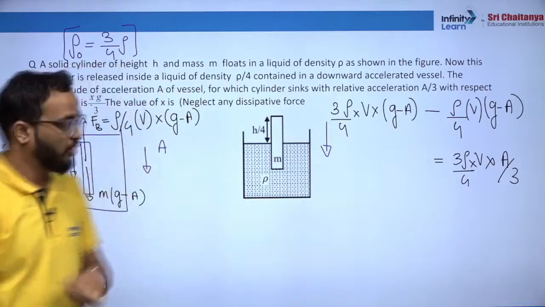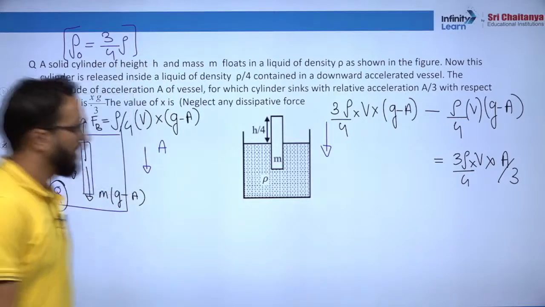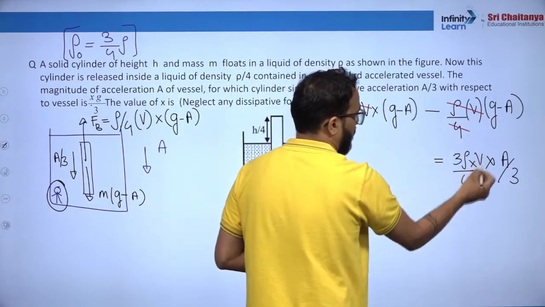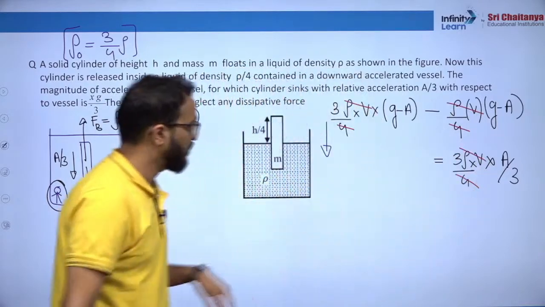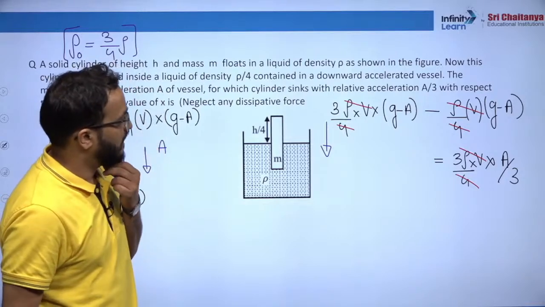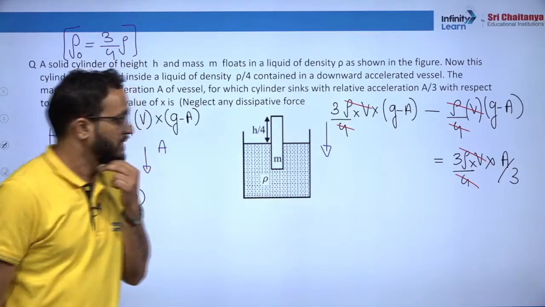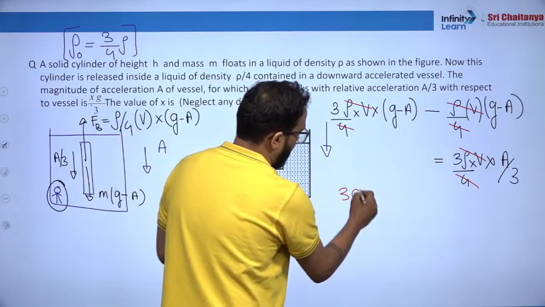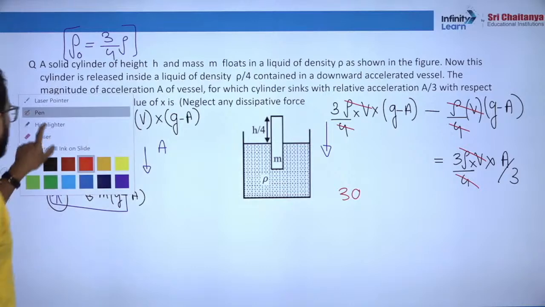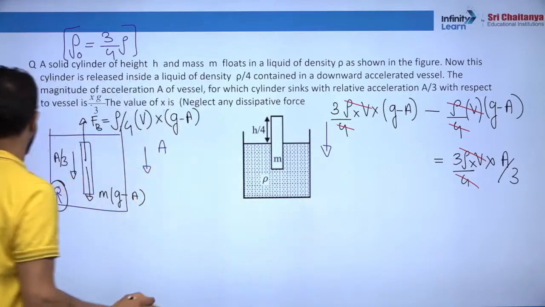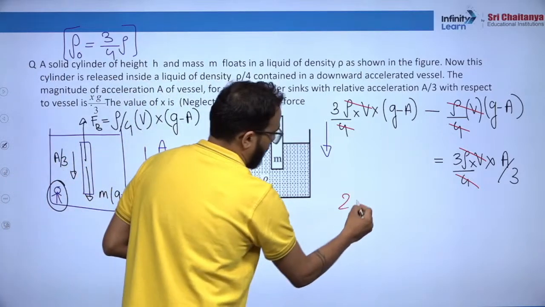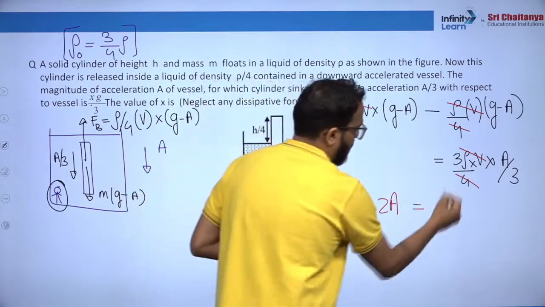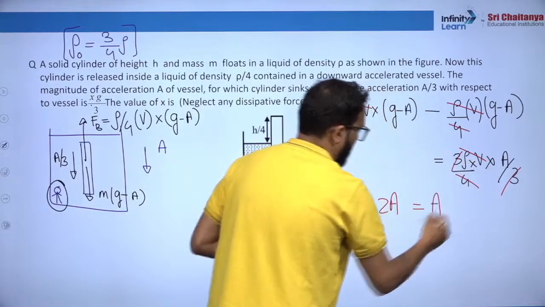Right? Now let's solve it quickly and get our answer. So I guess rho v by 4 is gone. First of all, 3 times (g minus a) minus (g minus a) will be 2 times (g minus a). So it will be 2g minus 2a, which is equal to a.